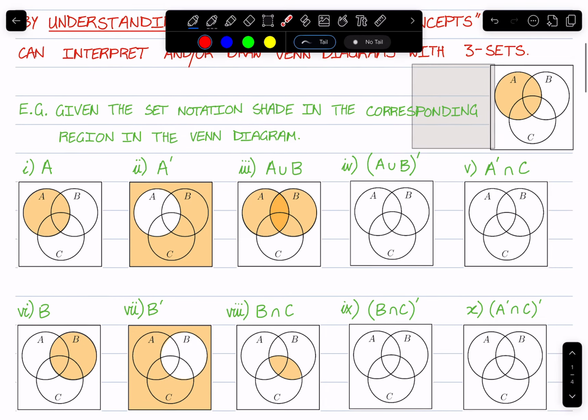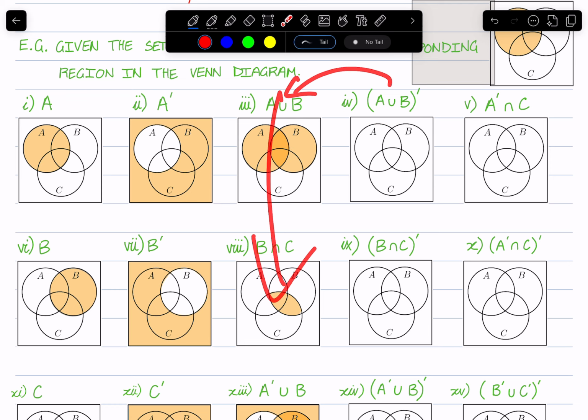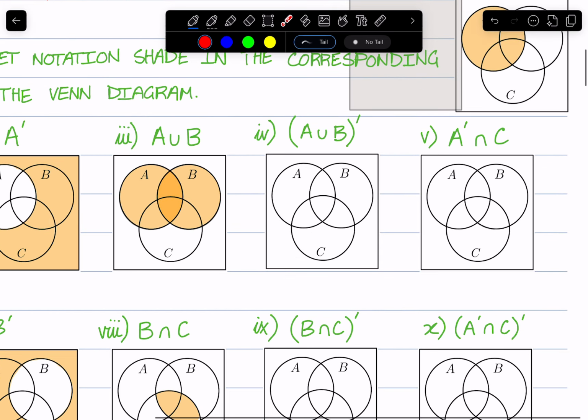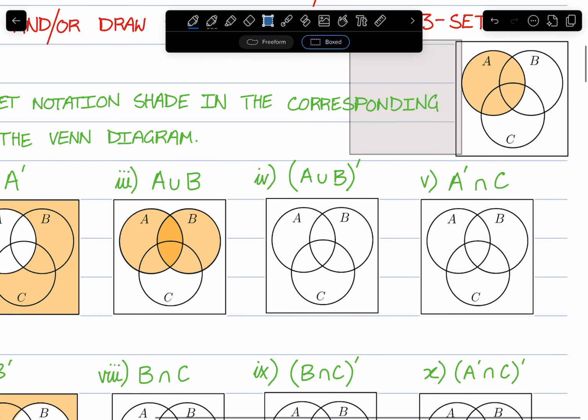Okay, let's move on. Now, if you look at these, it is the complement of everything in this column. Now consider, since we have A union B, this is the complement of A union B. Simply looking at this graph, this set asks for everything that is not inside here. I'll give you a moment to visualize what this looks like and even highlight or shade in what you're looking for.